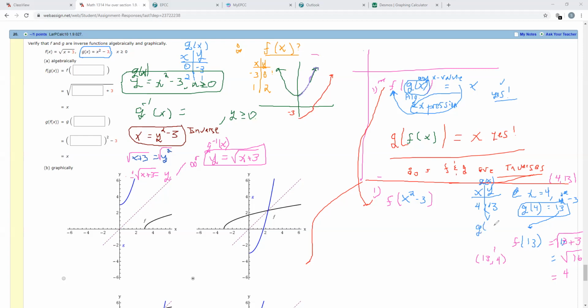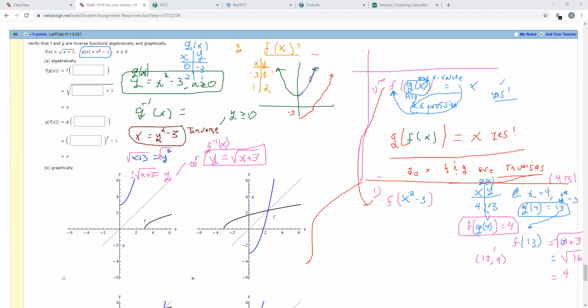If you put G of 4 into function f, you get back 4.